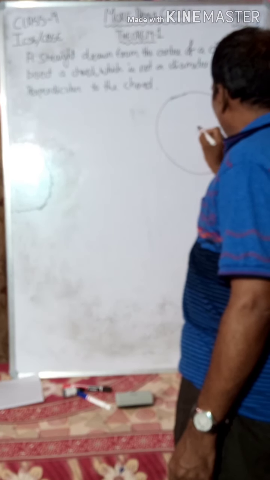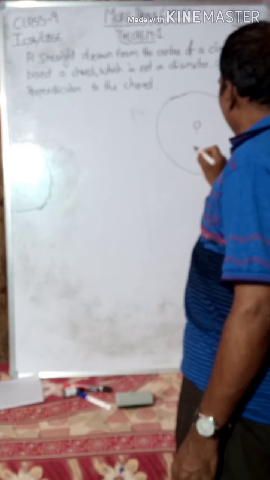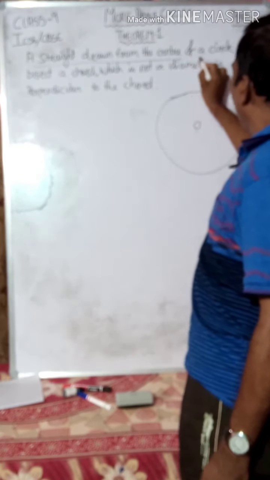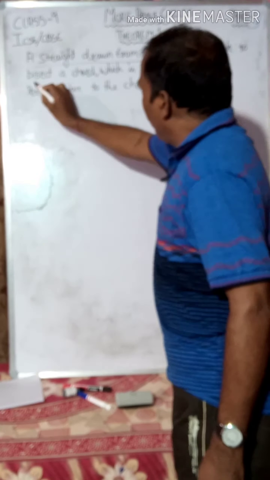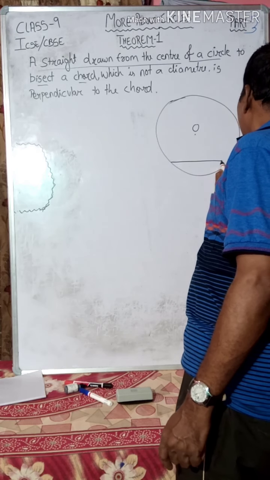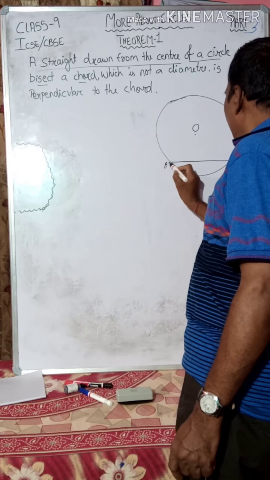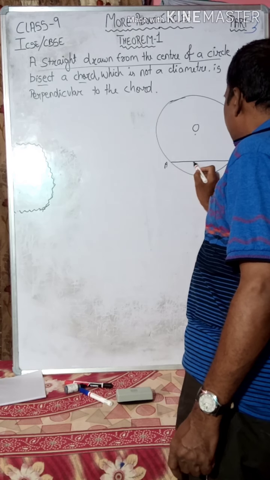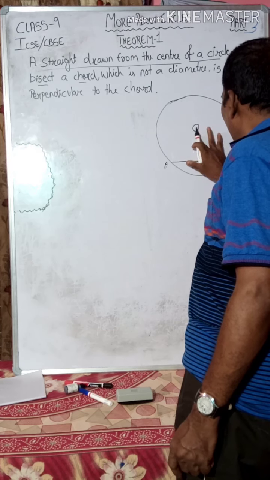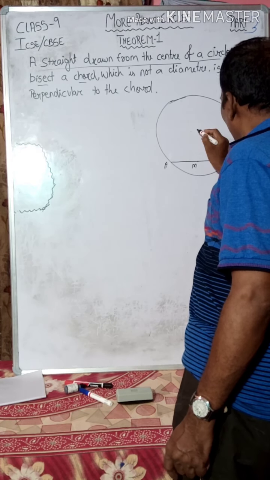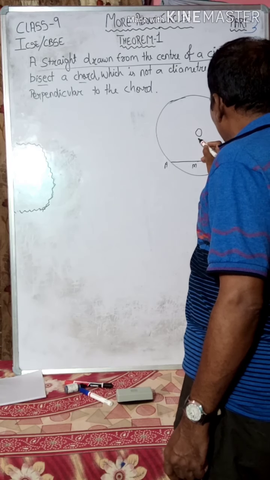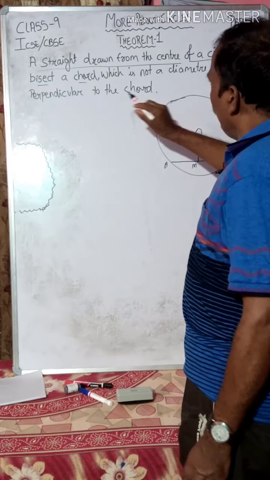Suppose this is the center O. A straight line drawn from the center of a circle to bisect a chord. So here is a chord, and the name of the chord is AB. Bisect the chord means suppose this midpoint is M and this is O, the center of the circle. Join MO.